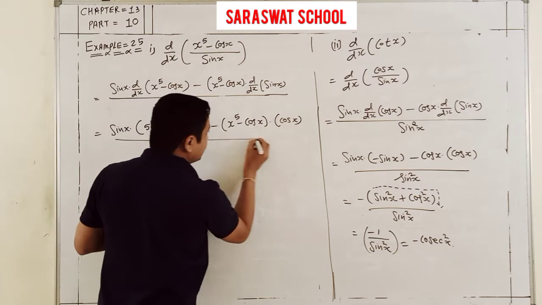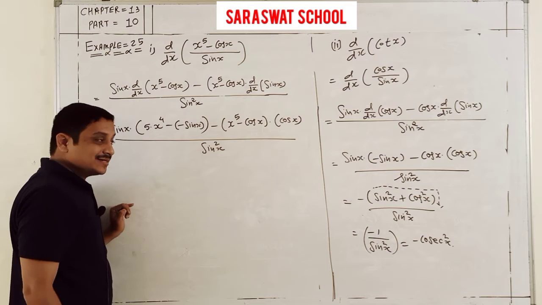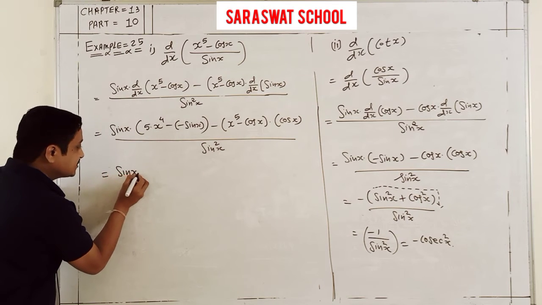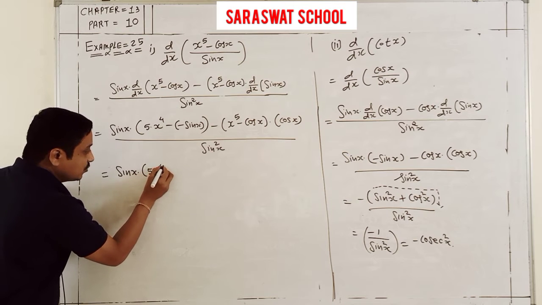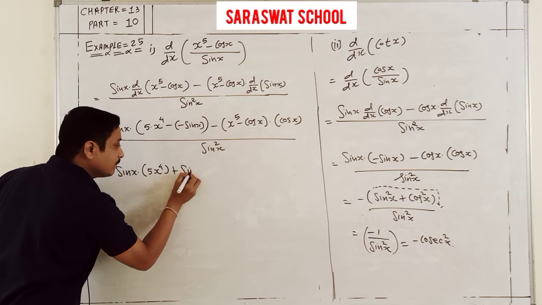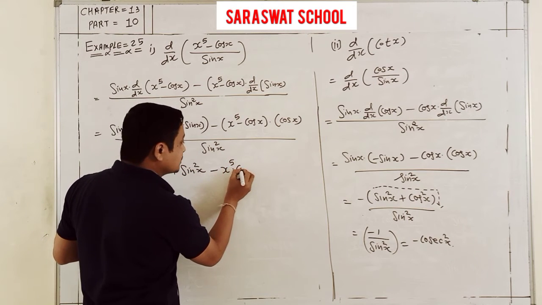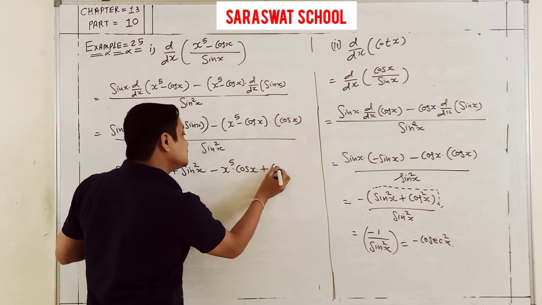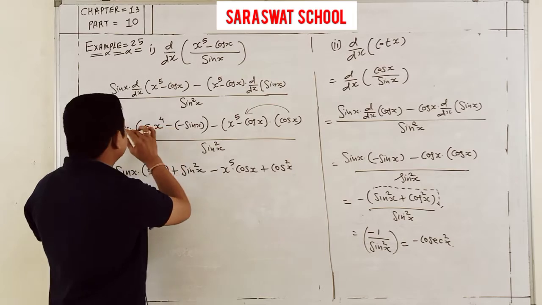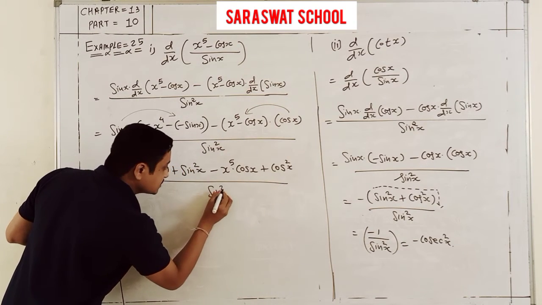So multiply inside sin x with 5x raised to 4, minus minus plus, sine to sine, sine square x. Same here, x raised to 5 cos x, plus, this minus minus, and cos multiplied inside, this sine multiplied inside, upon sine square x.